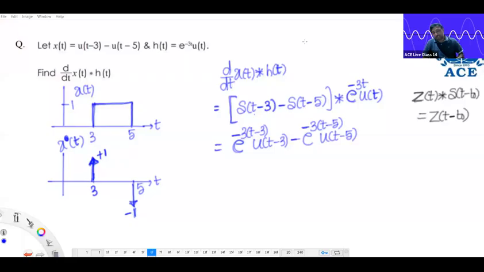After performing differentiation, blindly apply the convolution property of impulse.